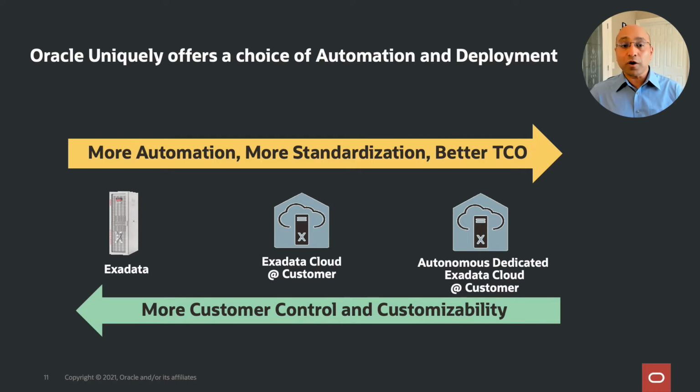The level of automation, as this arrow shows, keeps on increasing as you go from left to right. Our focus is on this middle offering, Exadata Cloud Customer, which gives you deep and broad automation, at the same time giving you the ability to control and customize things. For example, you have root access to the guest VM, so you have more control and more ability to customize things.